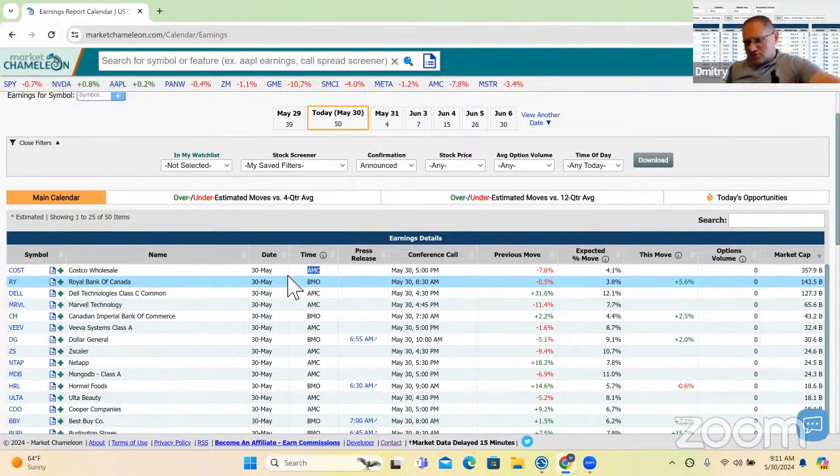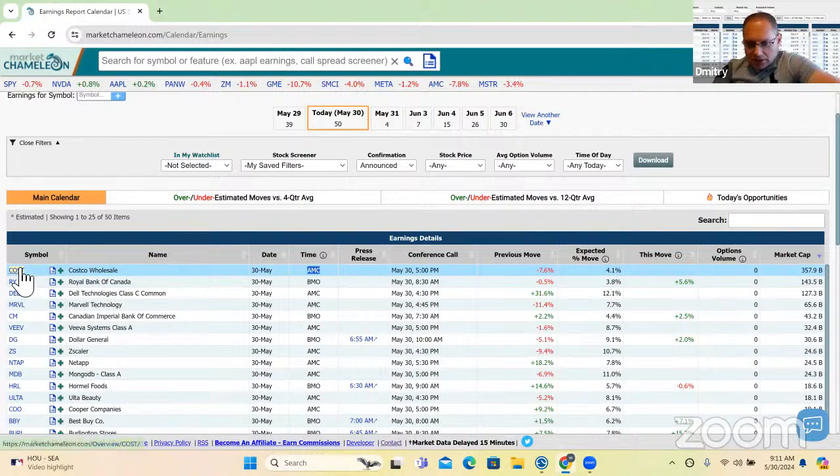So let's go to the options chain, look at a particular option or strategy, and then we're going to run our simulation and change a few different risk parameters, because options have sensitivities other than just delta directionals. So let's go to Costco, COST.